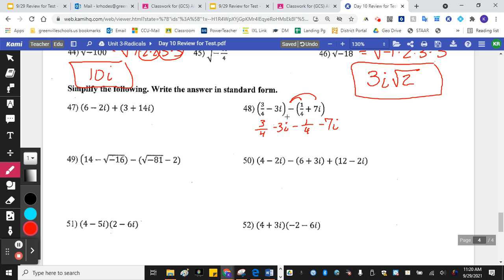Yeah, my bad. People will try to foil these. I do it every time, and then I realize halfway through there's a minus there. So 2 minus 10i, negative 9 plus 4.